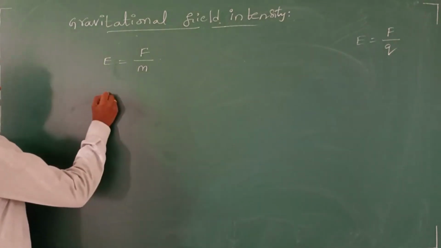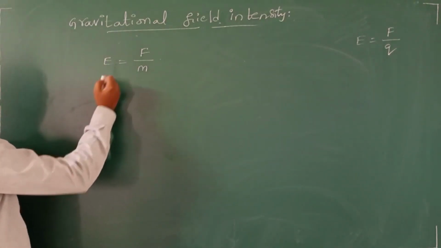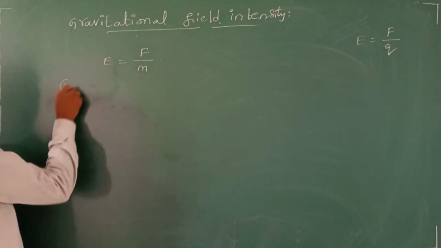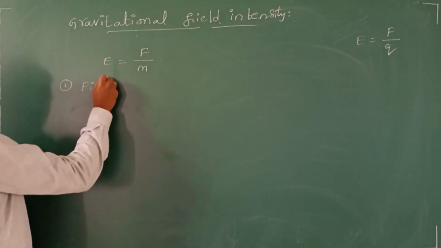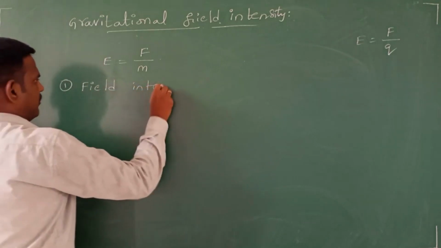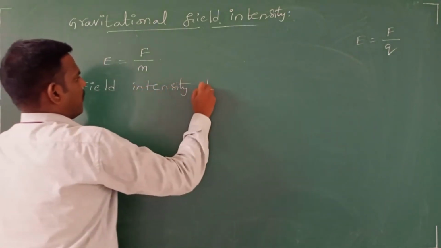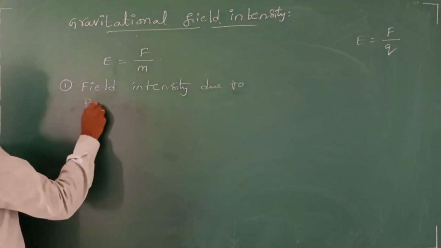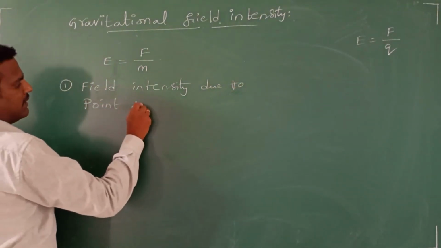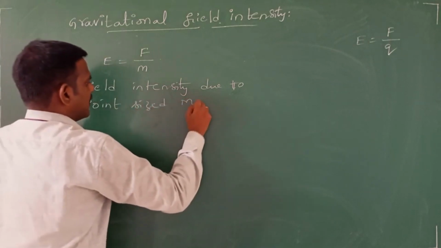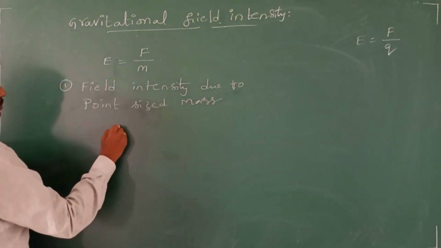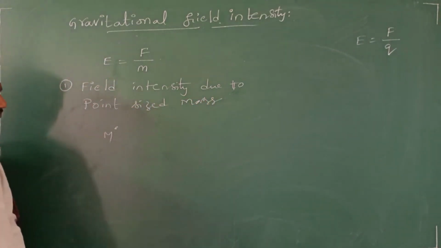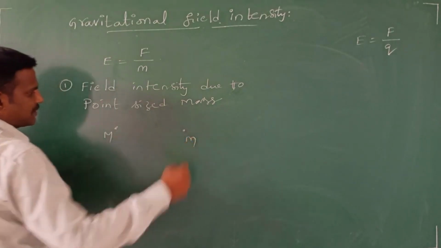For example, if this is the capital M, now I will write one by one. First formula: the field intensity due to a point sized mass. Let us suppose this is the point sized mass M, and here I have kept a small mass m.